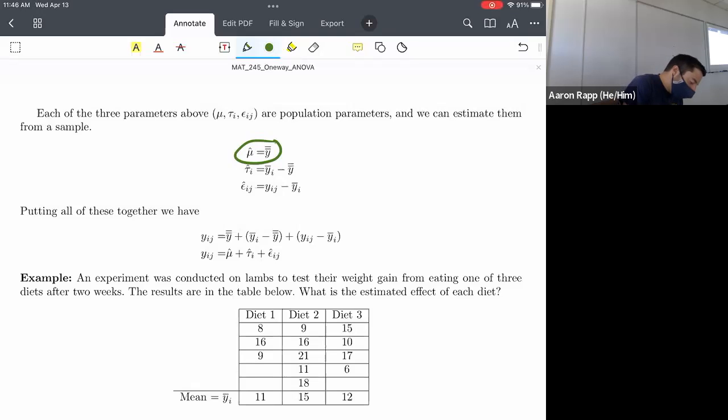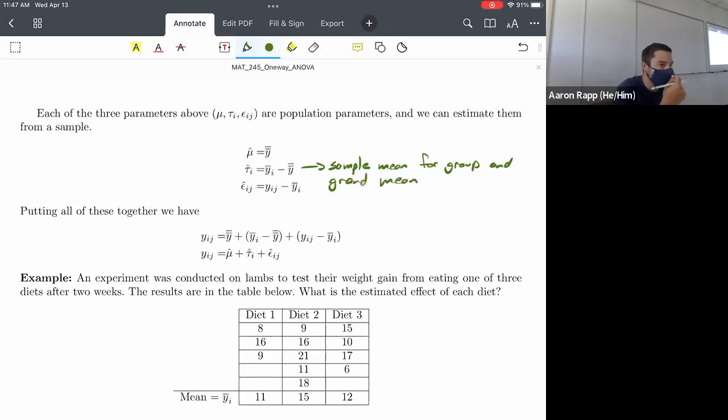And then those treatment effects just become the difference between the mean for the group and the grand mean. Again, that idea of how far does this group's mean deviate from what we see overall.